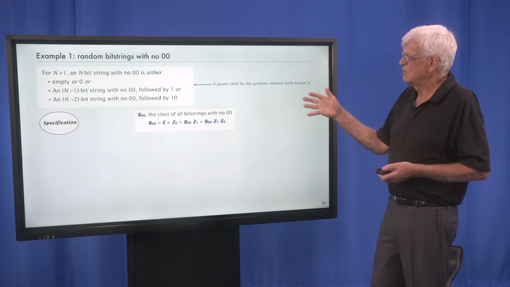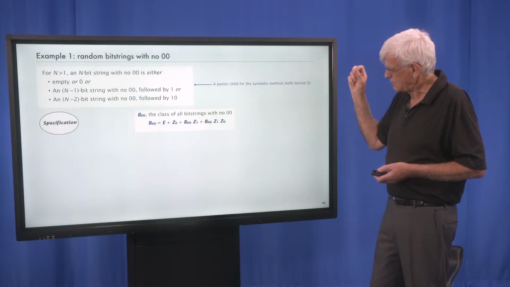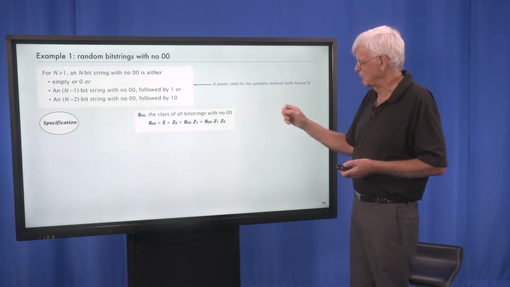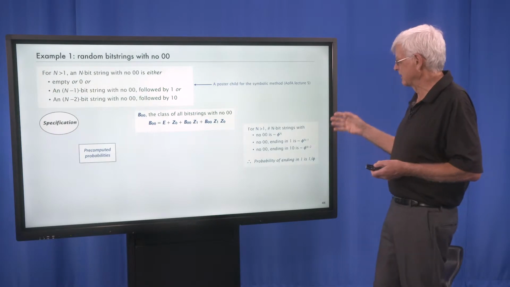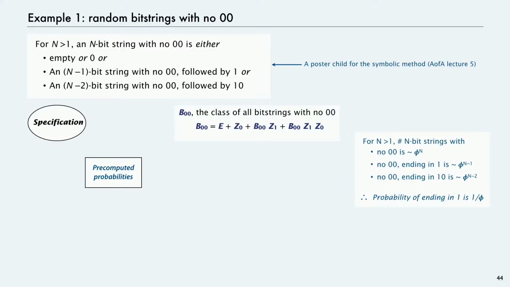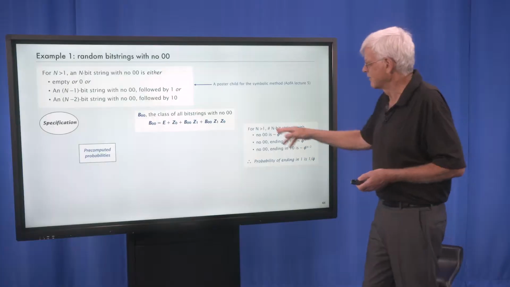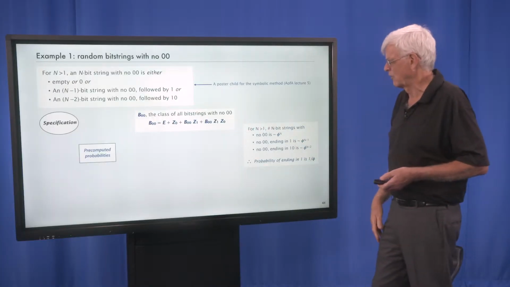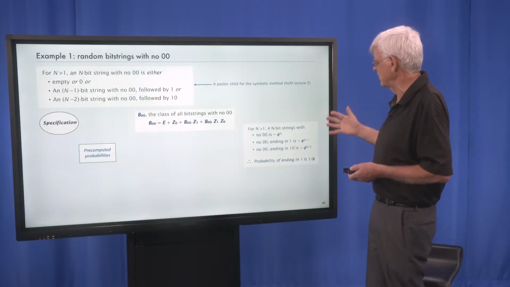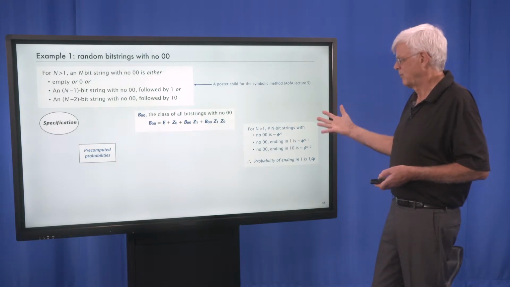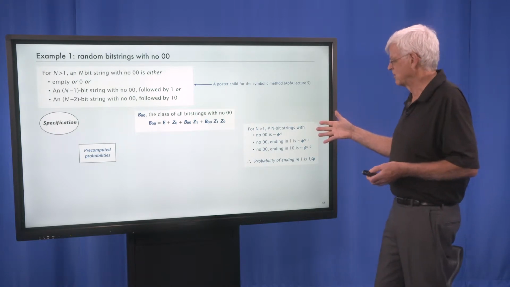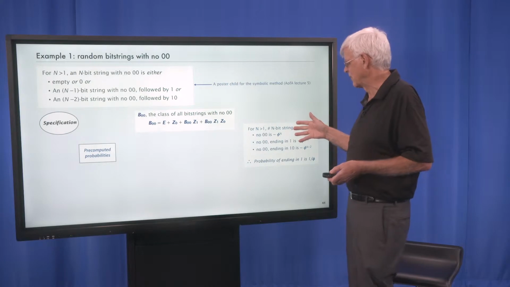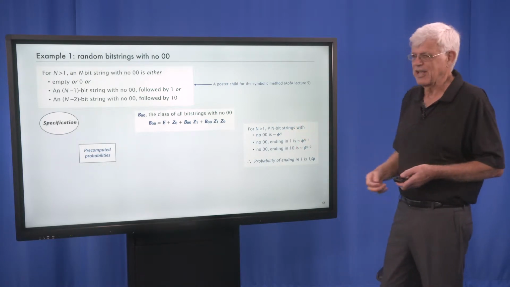Now in order to generate a sampler from this spec, we're going to need to calculate a probability. The probability we need is: what's the probability that the string ends in 1 versus whether it ends in 1, 0? We're going to use that to choose which of those two aspects of the generator we're going to use. Back when we looked at this in the analysis of algorithms course, we did these calculations.